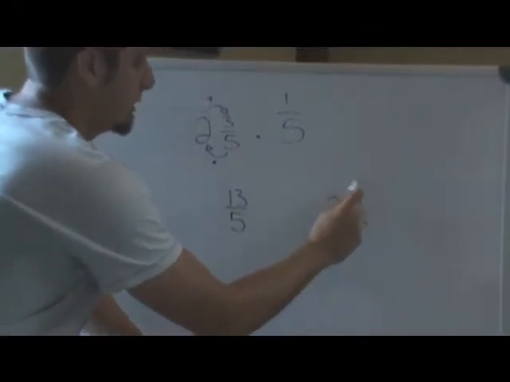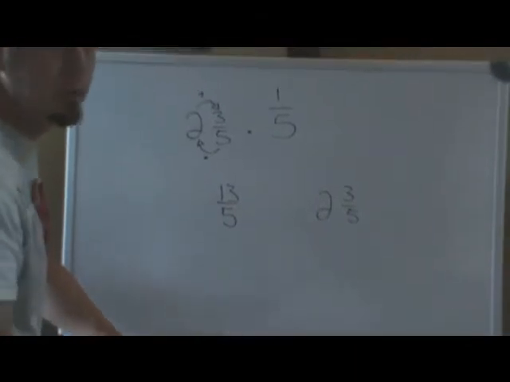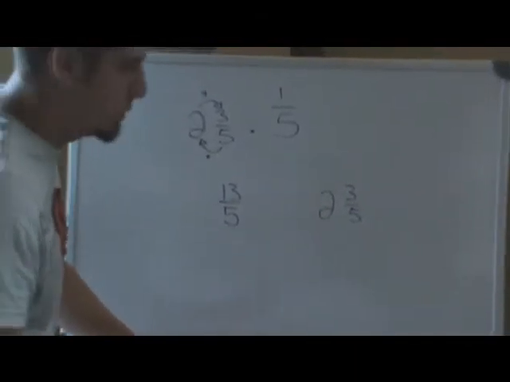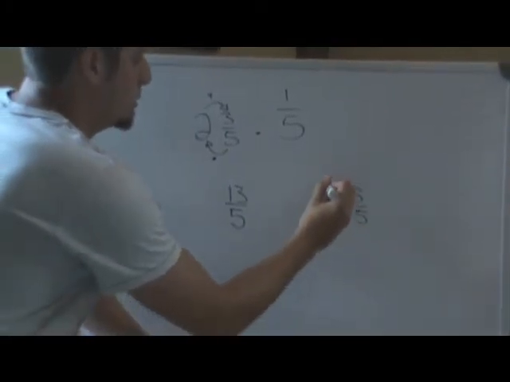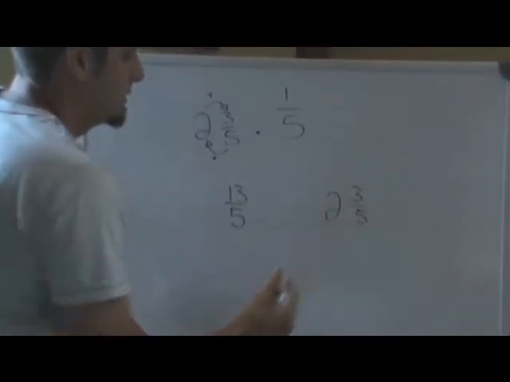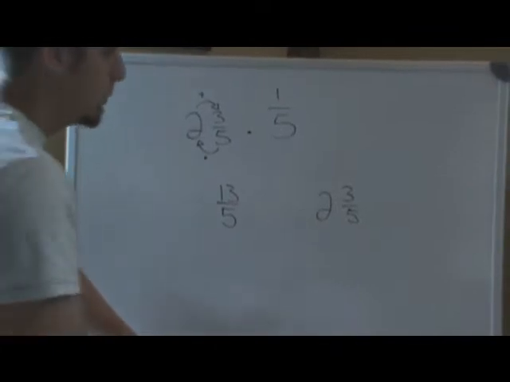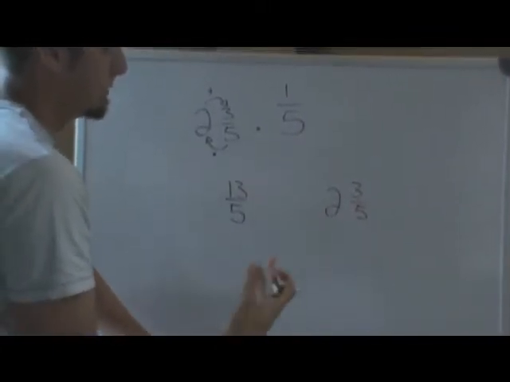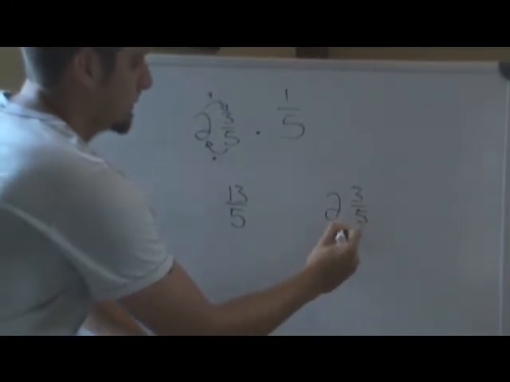The numerator represents the pieces that you have towards a whole. So we have 3 out of 5 pieces towards the whole. The 2, like I said, represents 2 whole. 1 whole is represented by 5. So if you have 2 whole, that means you have 10. That's where the multiplication comes in.